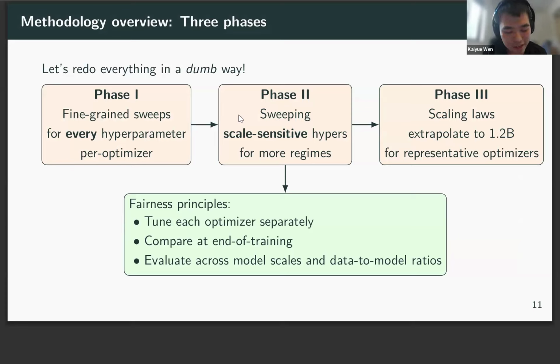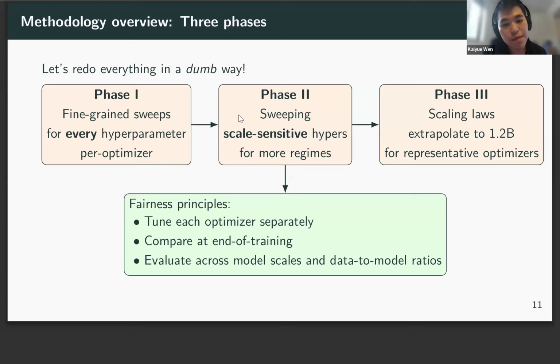As I mentioned, people may think that sweeping every hyperparameter is first too time consuming and very hard to do. But in this paper, we almost do exactly that. For many optimizers, we sweep every hyperparameter in some small region, and based on the results in the small compute region, we identify the sensitive hyperparameters that really require very careful tuning.